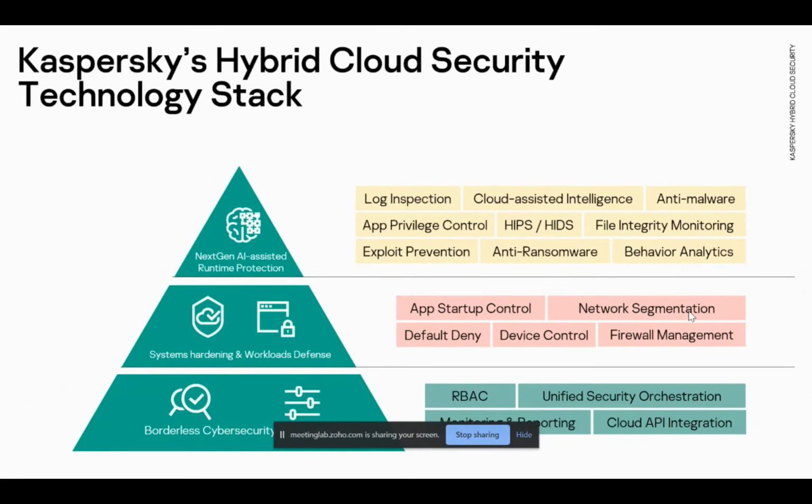We have various technologies like log inspection, cloud assisted intelligence, anti malware, app privilege control, HIPS, host intrusion prevention and host intrusion detection, file integrity monitoring, anti ransomware, exploit prevention, behavior analytics, anti crypto, and a remediation engine.